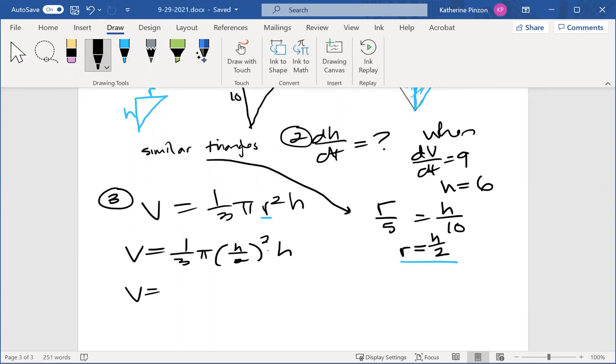So it's 1/6? Close. H over 2 squared is h squared over 4. Yeah, 1/3 times 1/4 makes 1/12. And then h squared times h makes h cubed. So this is 1/12 pi h cubed.